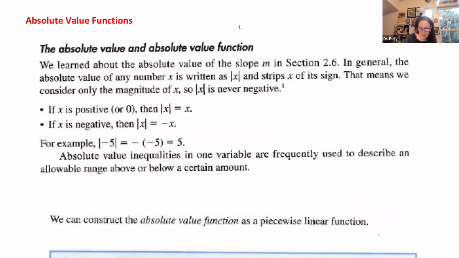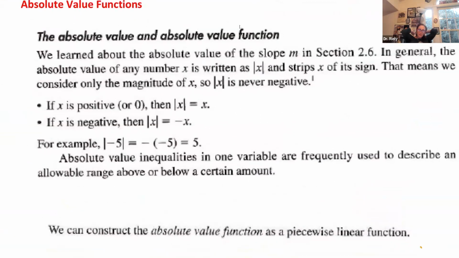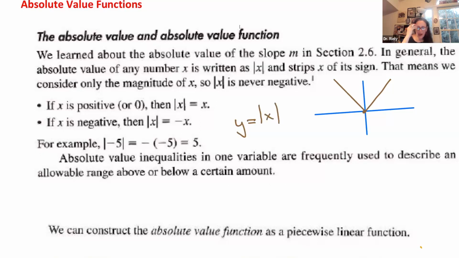There's another function called absolute value. And absolute value, the parent function kind of looks like this. So if you have an absolute value function, it's going to be a V for victory. So what's happening is, that's your absolute value parent function starting at the origin. So this is my Y values equal the absolute value of X. And absolute value of X means that you drop the sign.